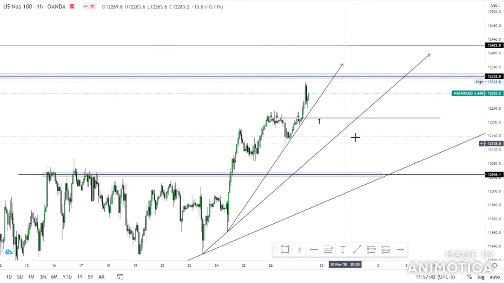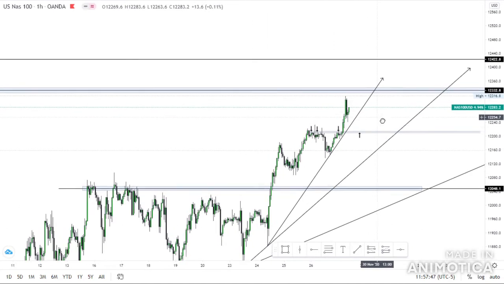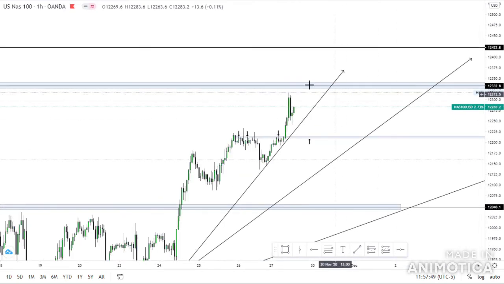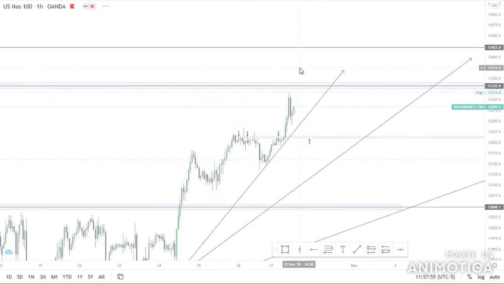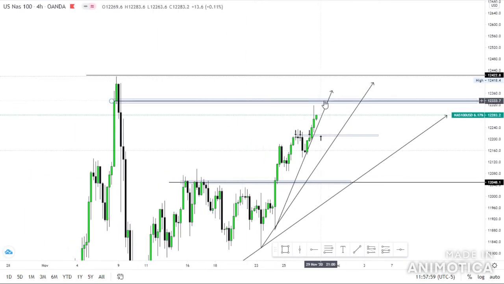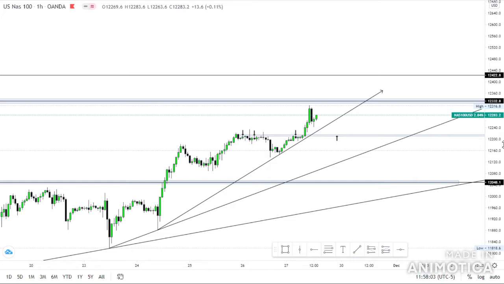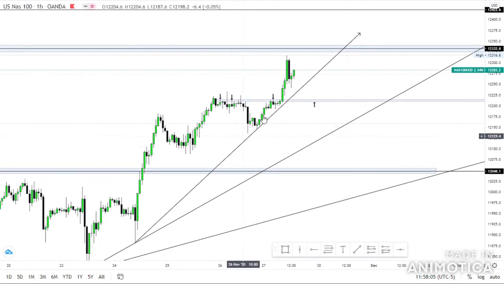But for sells, we could utilize this trend line right here. That's only if you miss the selling opportunities right above here, this area right here. If you miss sells up here, you can use the trend line.